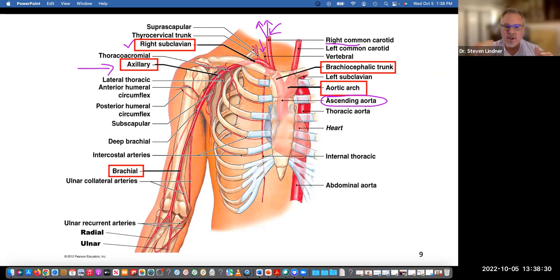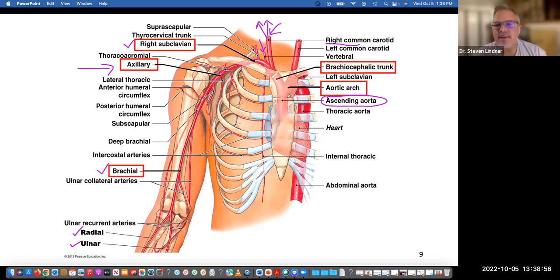If it's on the right, it's the right axillary artery. You want to get into that habit of incorporating the left and right. I think that's a very important concept. The axillary artery comes down the arm into the brachial artery. And then as we move down into the forearm, following the radius is the radial artery, following the ulna is the ulnar artery.